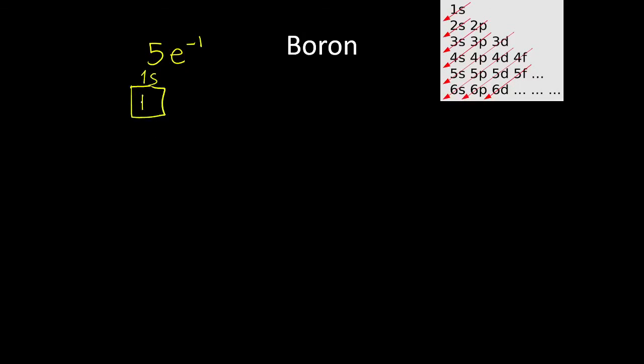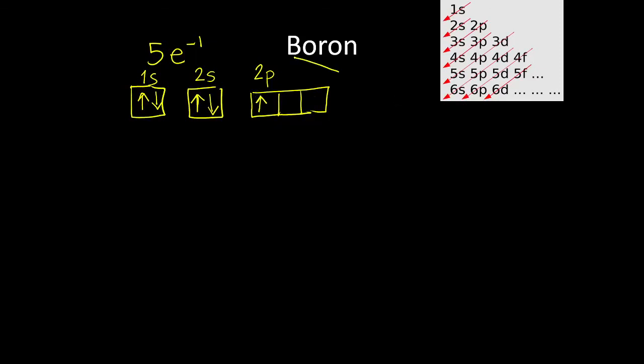So, we have arrow up, arrow down. Next, 2s. Arrow up, arrow down. 4 electrons now. What is next after 2s? 2p. Okay. How many arrows do I put? One. Okay. So, let's now continue with this.